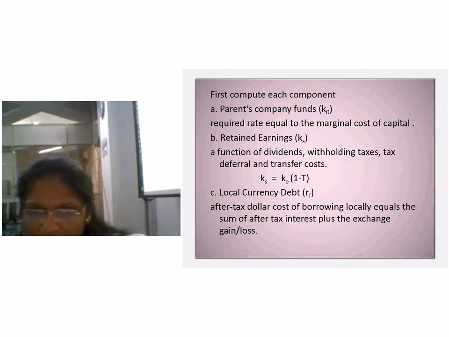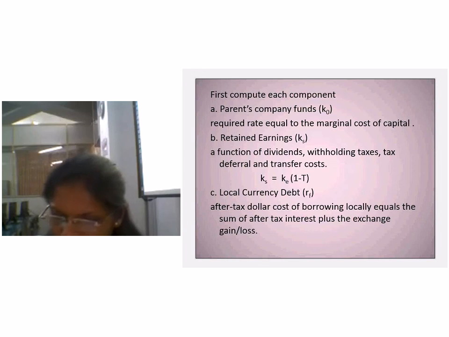So we have to compute each component separately. Parent company funds, that is the required rate equal to the marginal cost of capital, right? Required rate of return of the parent company. Retained earnings, that is a function of dividends, withholding taxes, tax deferral and the transfer costs.